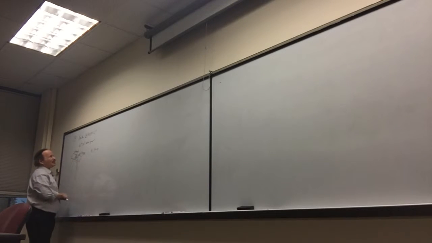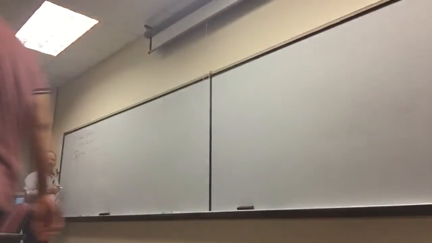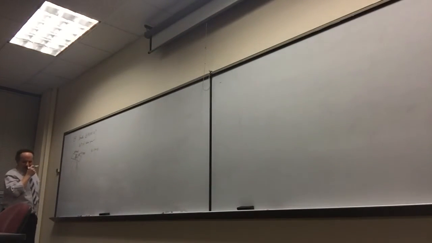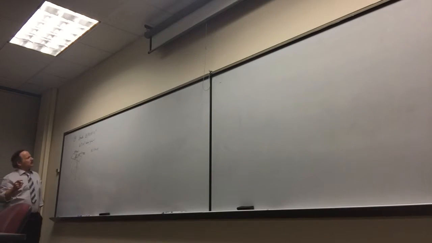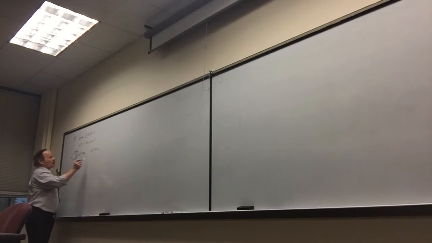Well, in this case, what would it be, using these letters? There's no x's here, so it's t, or z of t. t minus, okay, so what should I write here?